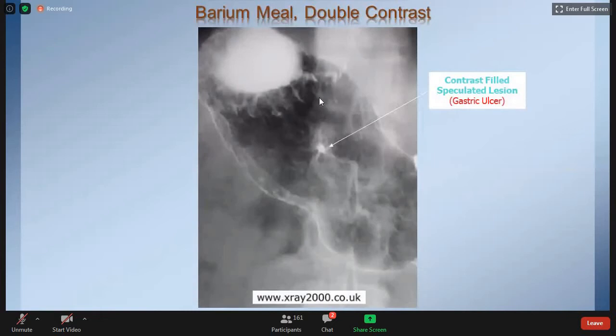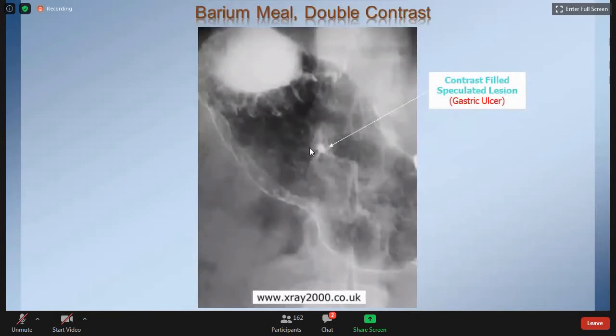Here is another example of barium meal examination with double contrast, demonstrating air in the fundus, and again this is double contrast. The lumen is outlined by the contrast as well as the air, and then this is a small pooling of contrast with surrounding striations.